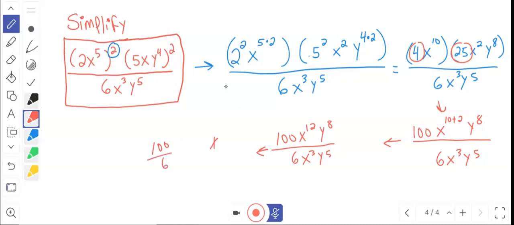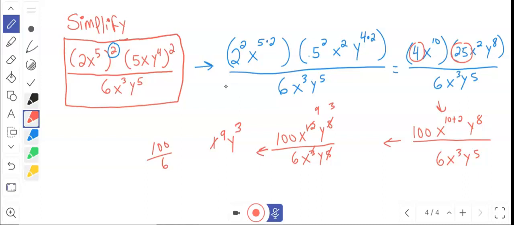We have x to the 12 and x to the 3. When you divide exponents, you subtract. So 12 minus 3 leaves 9 on the top, so this will be x to the 9. And we have y to the 8 and y to the 5; you take away 5 from 8 and you leave 3. So it becomes x to the 9, y to the third, times 100 over 6.